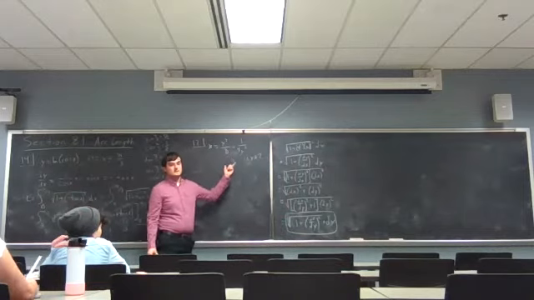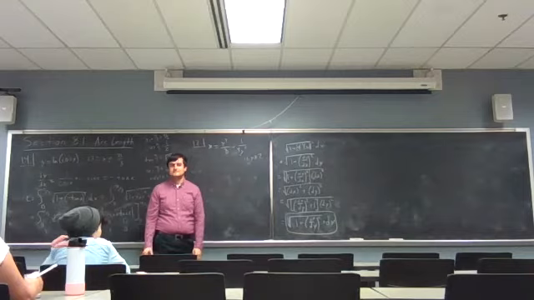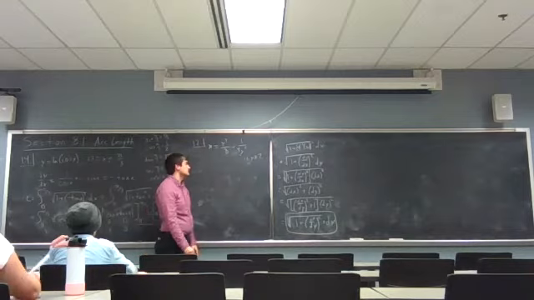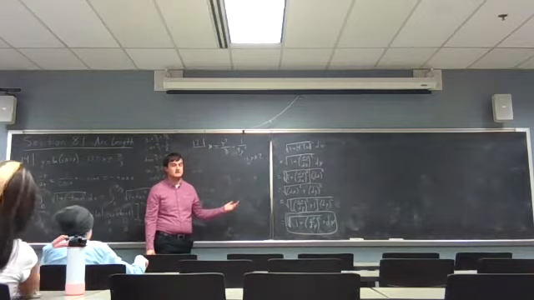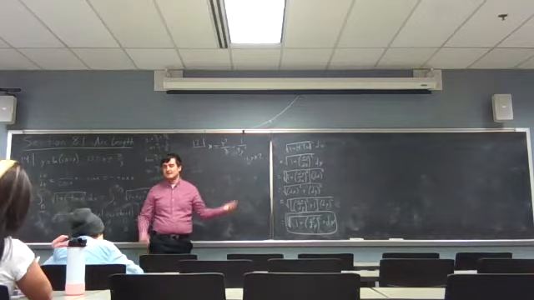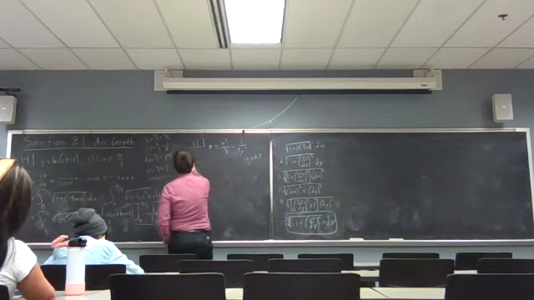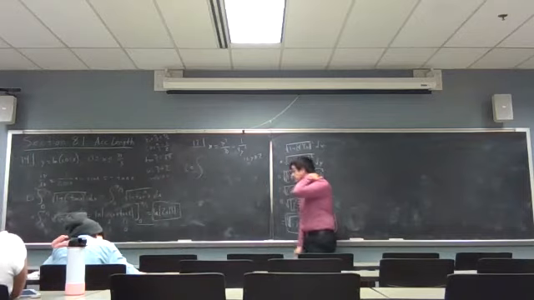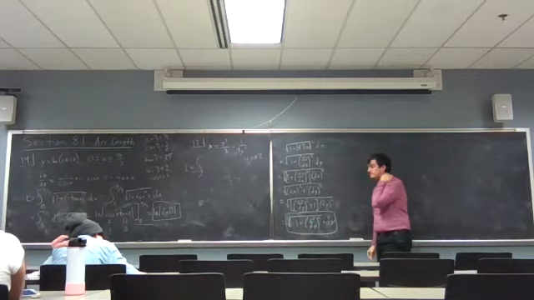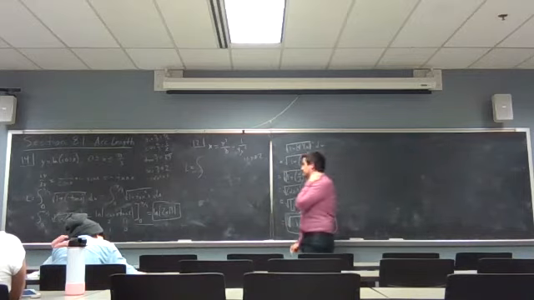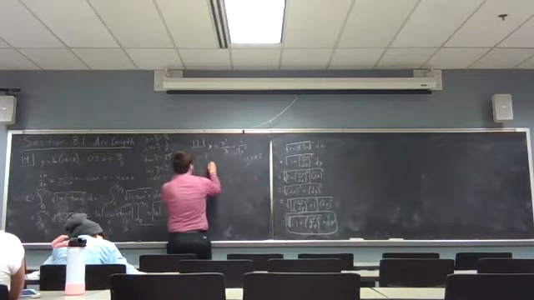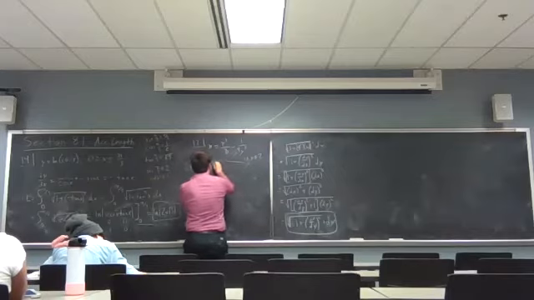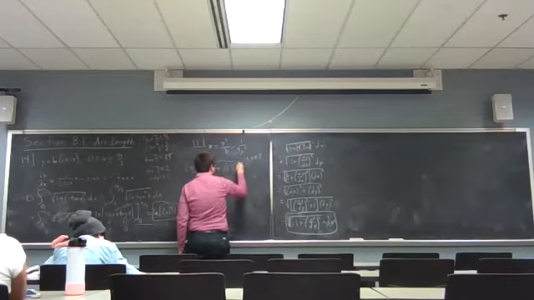So all of that to say, nothing changes. The only thing that's going to change is that instead of a dx on the end, you're going to have a dy on the end. So the length in this case is going to be the integral. What's my a and b? 1 and 2. Of the square root of 1 plus f prime of y.